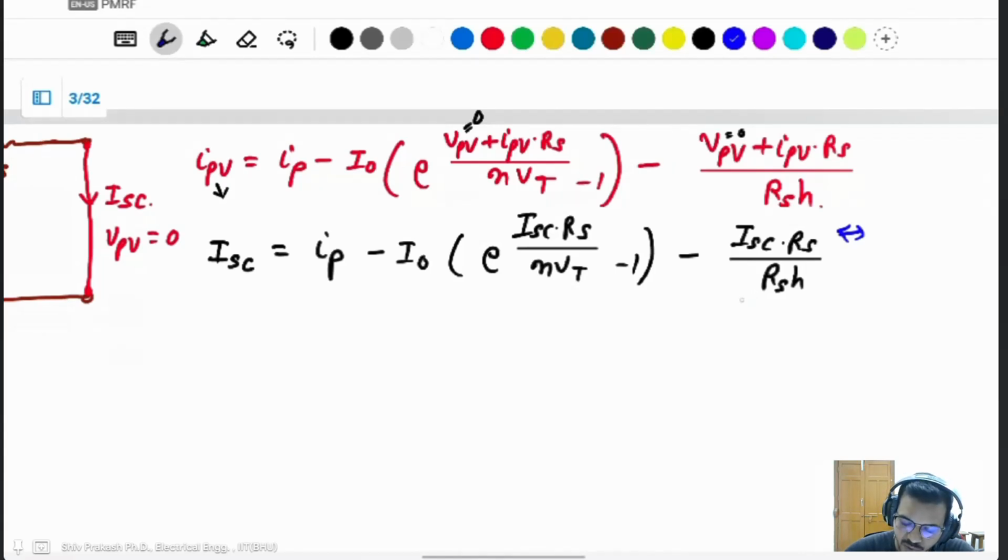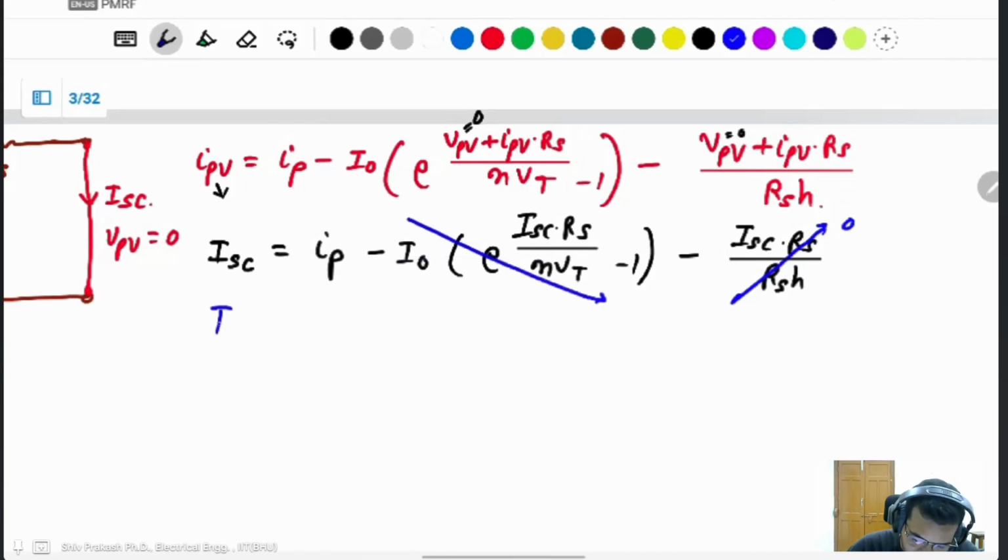That's why we will neglect this term, because the shunt resistor is very high with respect to the series resistance. Same thing here also: e to the power of minus something will be close to 0, then e to the power something minus 1 is 0, so you can neglect this whole term also; it will be very small.